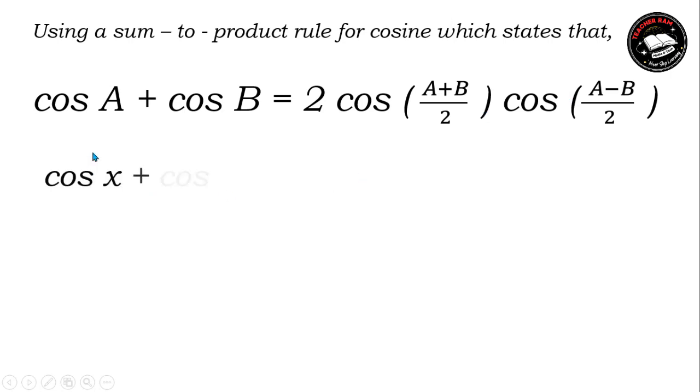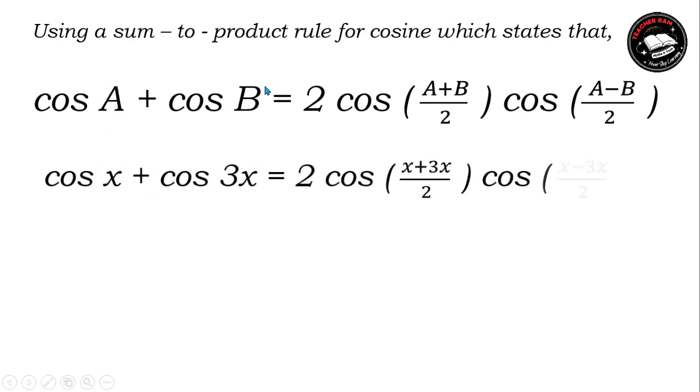And we know that here our A is x and the B is 3x. So we're going to replace x and the 3x in the positions of A and B. Result will be 2 cosine of (x plus 3x) here in the position of A and B, and again multiply by cosine of (x minus 3x).